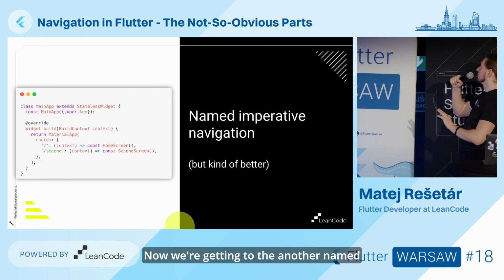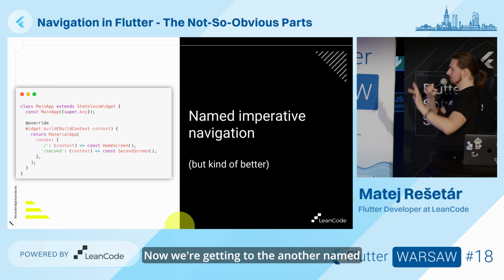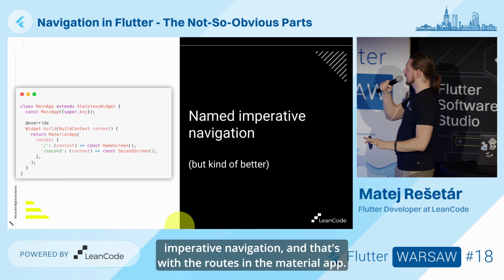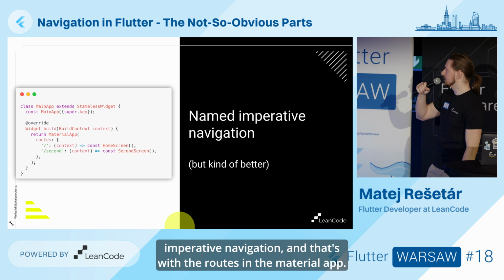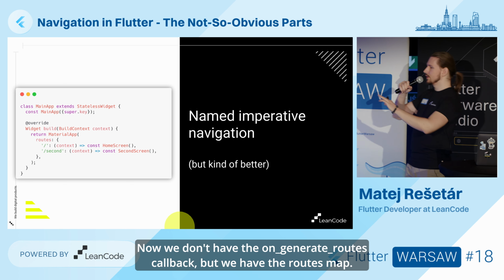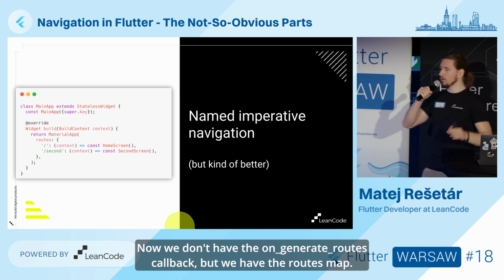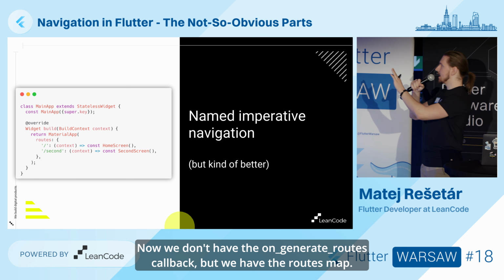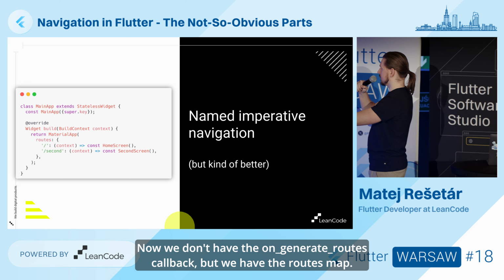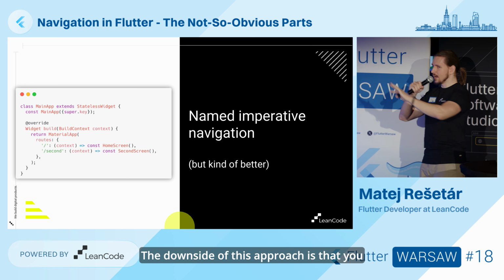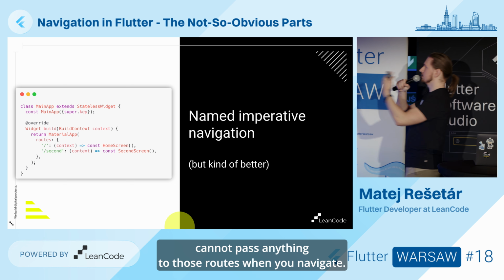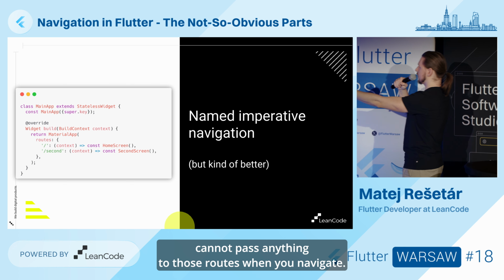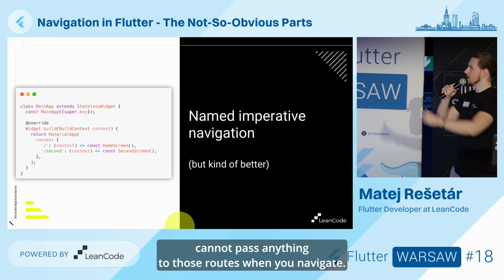And now we're getting to another kind of named imperative navigation, and that's with the routes in the material app. So now we don't have the onGenerateRoute callback, but we have the routes map. The downside of this approach is that you cannot pass anything to those routes when you navigate.